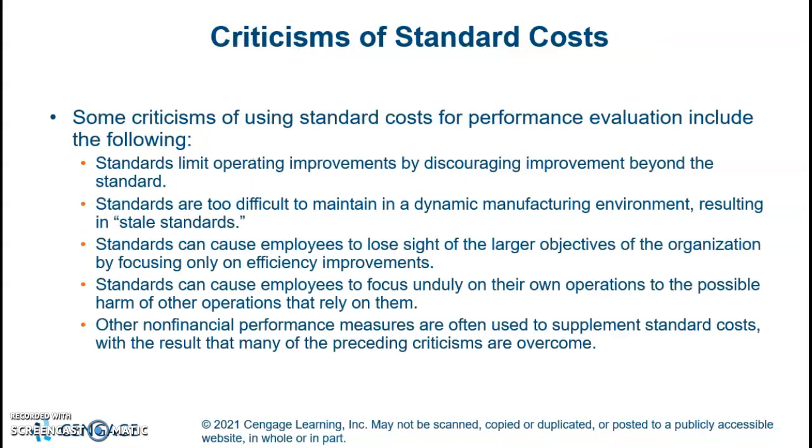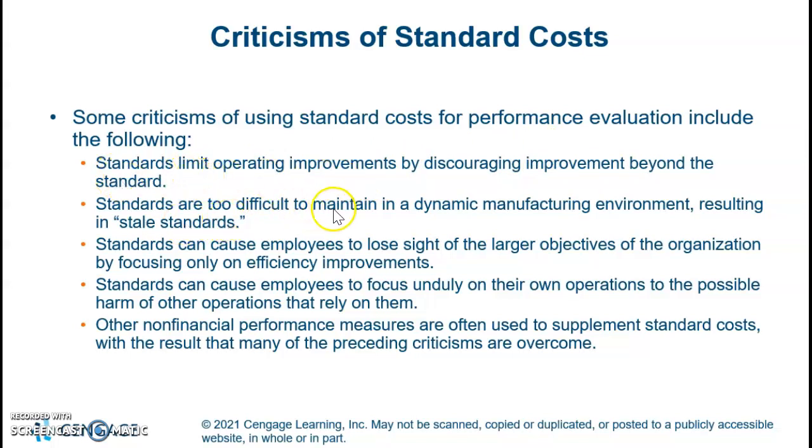Some people don't think that standards are a good thing to use. This slide shows some of the criticism of standard cost. For example, some employees may not try to do better than the standard. They may just look at the standard, and if they meet it, that's as good as they try to do. Standards limit operating improvements by discouraging improvement beyond the standard.